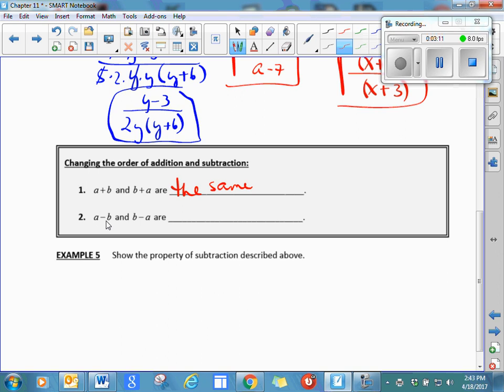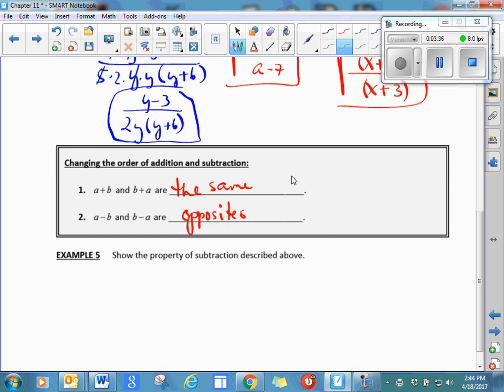However, a minus b, when you have subtraction and you have division, the order makes all the difference in the world. So these are not the same. These are actually opposites. B is negative here and positive here, while A is positive here and negative here. And the way that you know these are opposites is if you added these two together, you would end up with 0. Opposites add to 0.